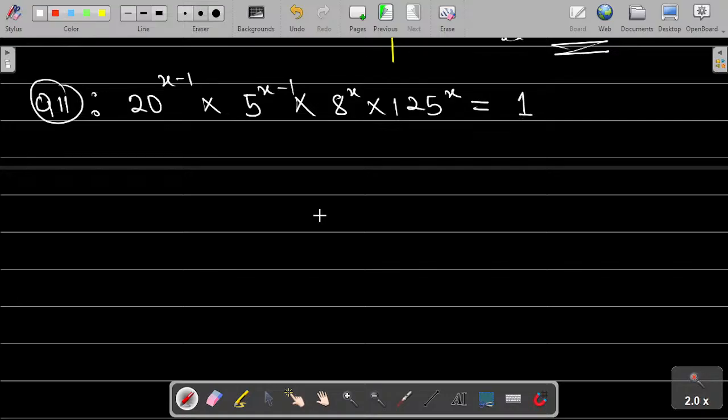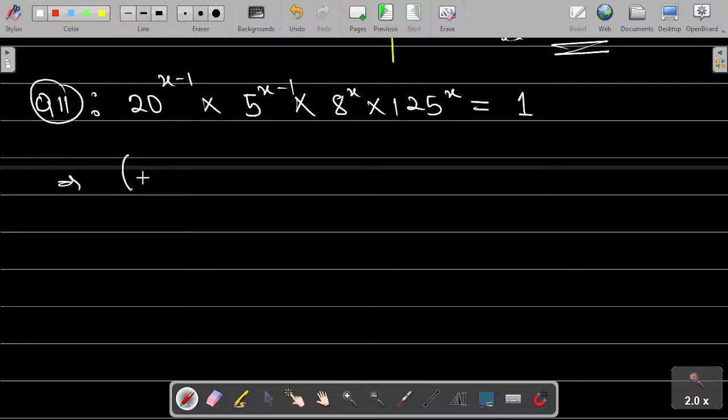So this is number 11. It follows the same exact approach I just said earlier on. You can see here the powers are the same, and then all equal to 1. So you're simply going to extract the power first.